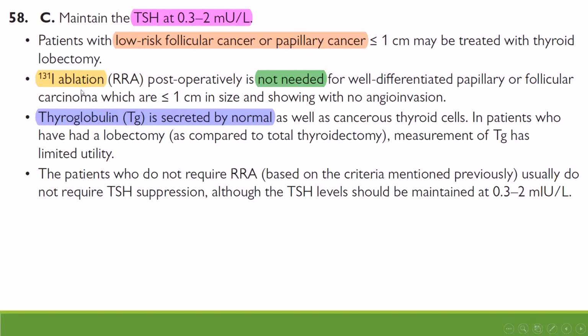Radioactive iodine remnant ablation is not needed, and thyroglobulin is secreted by the normal thyroid lobe, so follow-up by thyroglobulin is not appropriate in this situation. And this patient does not require remnant radioactive iodine.